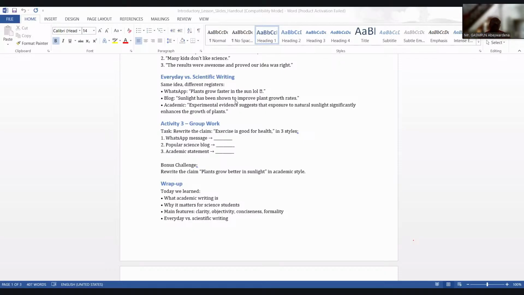Second one, sunlight has been shown to improve plant growth rate, somewhat formal, semi-formal. Third one, experimental evidence suggests that exposure to natural sunlight significantly enhances the growth of plants. Did you understand?